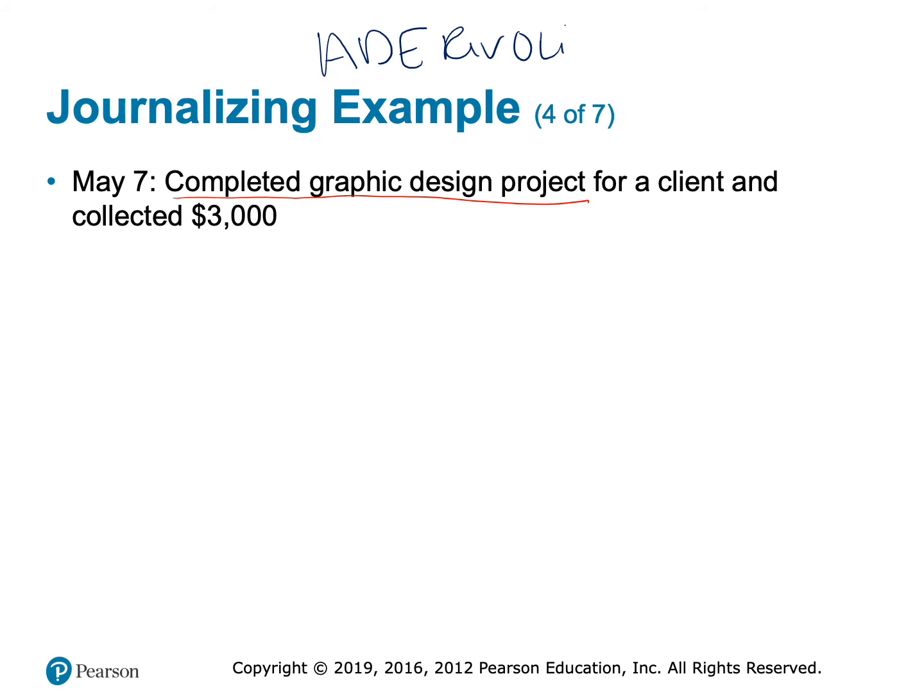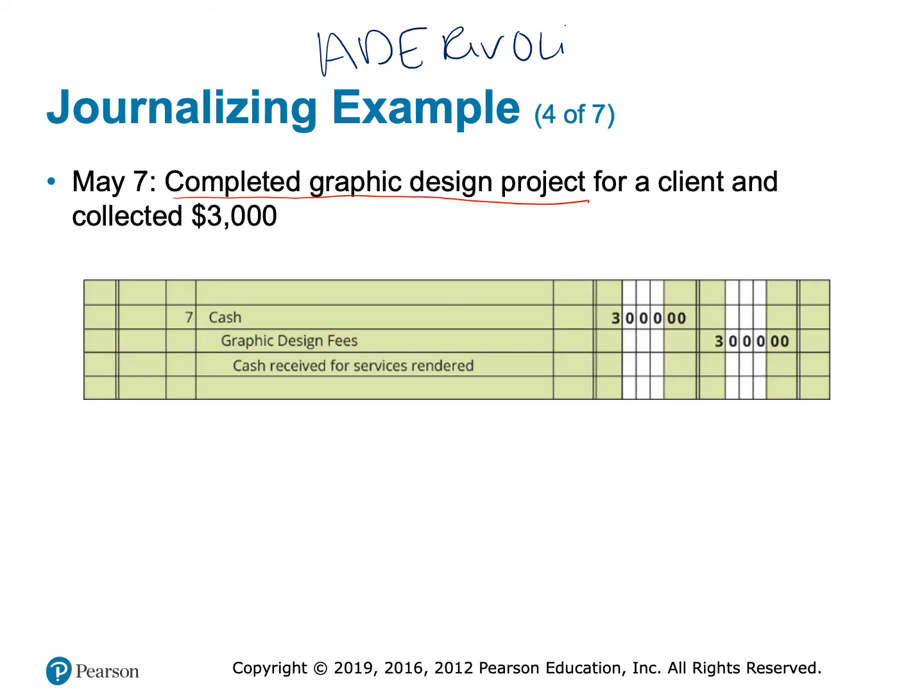So we want to credit that revenue account. I believe it was called graphic design fees, and therefore we would want to debit cash. Cash is an asset. We have more cash now than we did before, so I want to debit cash and credit graphic design fees. Again, don't forget as you're writing these in your notes to make sure that you're indenting there. It's very easy to forget that, and I want you to get into that habit of making sure that you indent those credits.